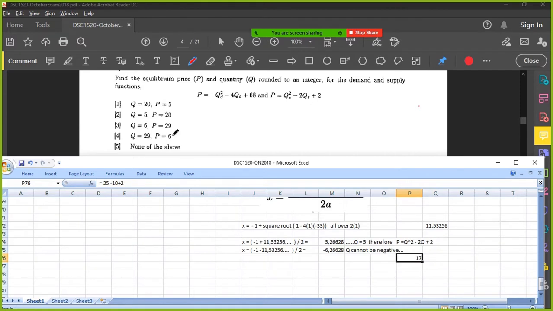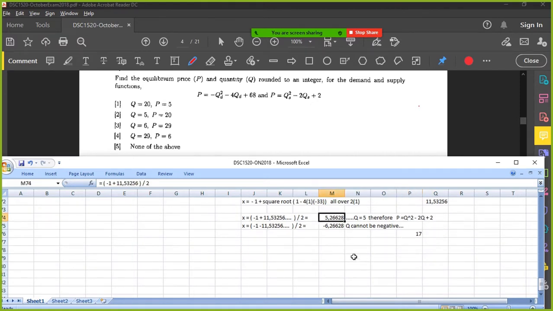Not an option. So that means they're probably rounding up. So this answer, round up. 6 times 6 is 36, then minus 2 times 6 is minus 12, plus 2 gives 26.